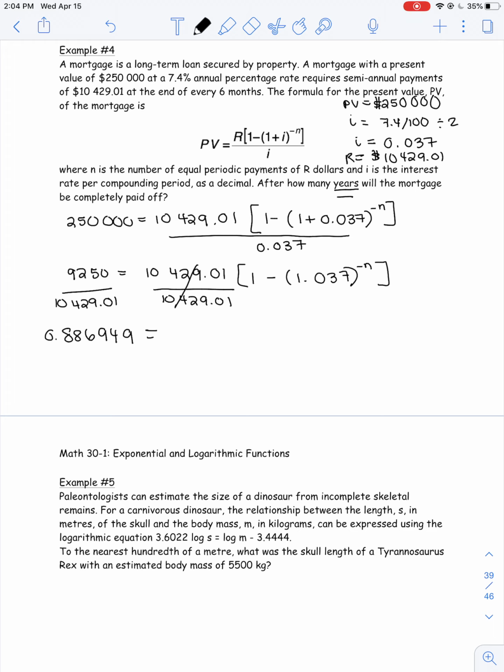And that's equal to 1 minus, I can take off the brackets now, the next step is I'm going to subtract 1 on both sides to get rid of that. And I get 0.11305.